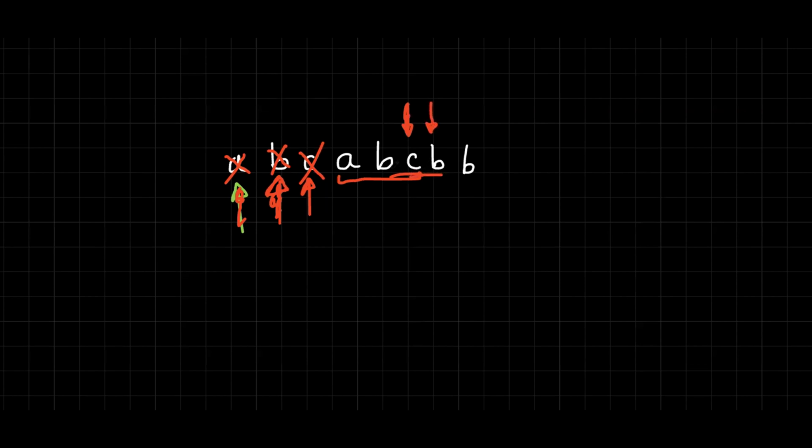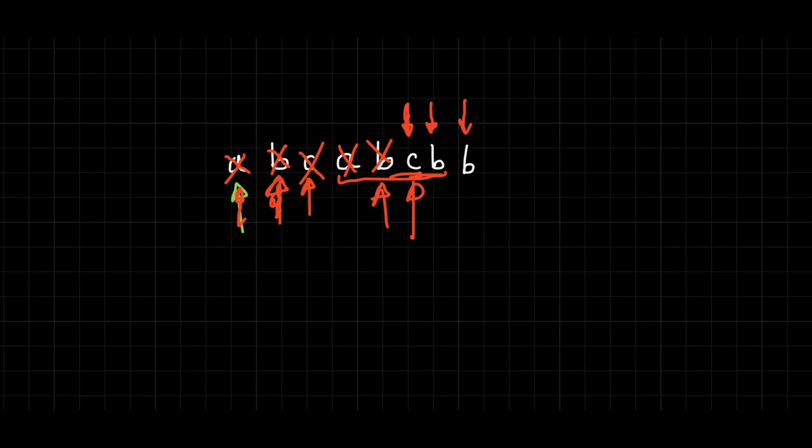So here A, B, C, and B, all of them are not unique, because here comes the real drama. We have found two Bs here. So according to the convention, we have to discard this left element. Now our pointer is pointing to this C. So our substring is now CB, where all elements are unique.